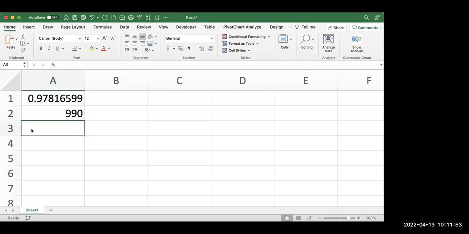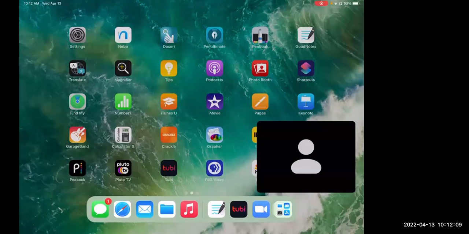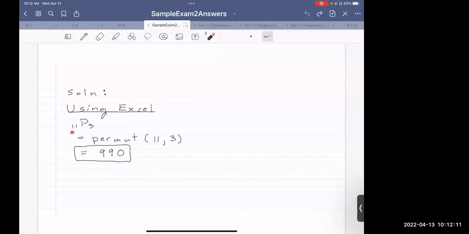And so I get 990. And so let me input that into my laptop. So let's write that down. And so we get that 11P3 using the PERMUT 11, comma 3 command is 990.